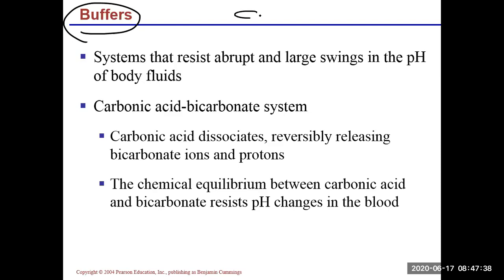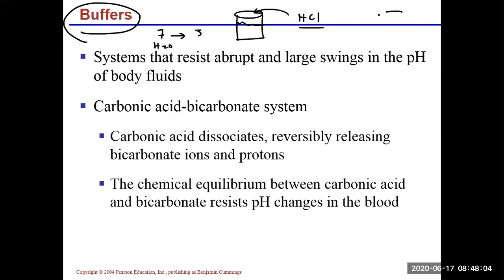Let's say that you have water. Water is neutral, right? So if you put in something acidic, like a little bit of hydrochloric acid, the pH is no longer going to be 7. All of a sudden, from 7, that was water, we started, it is going to go maybe to pH 3. That's a very drastic change.